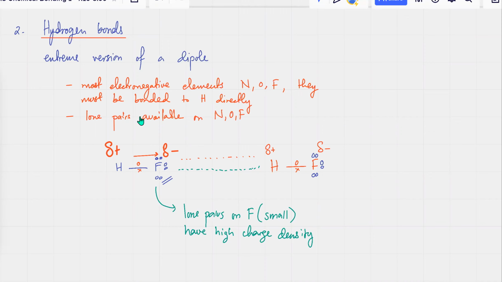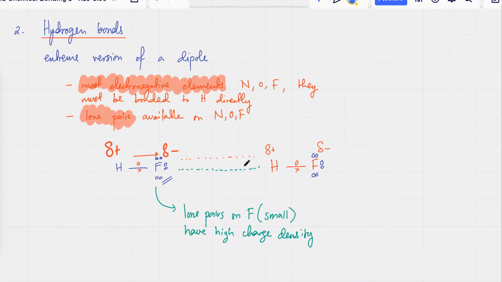I'm going to highlight those two facts. One of them is about the lone pairs, and the other one is that you've got the most electronegative elements involved. So this is a pretty strong attractive force.